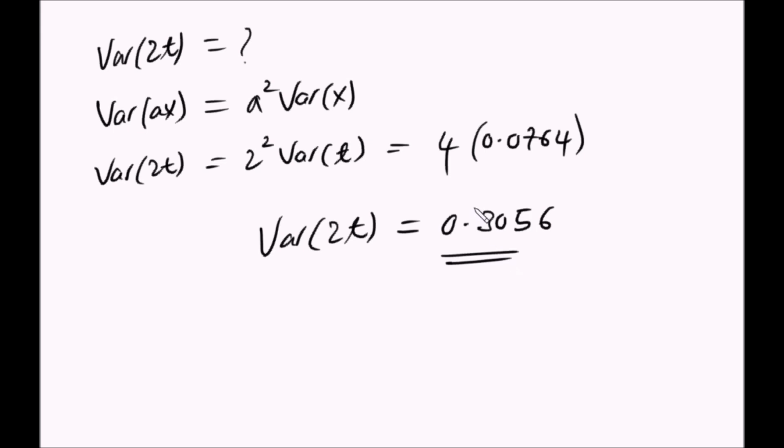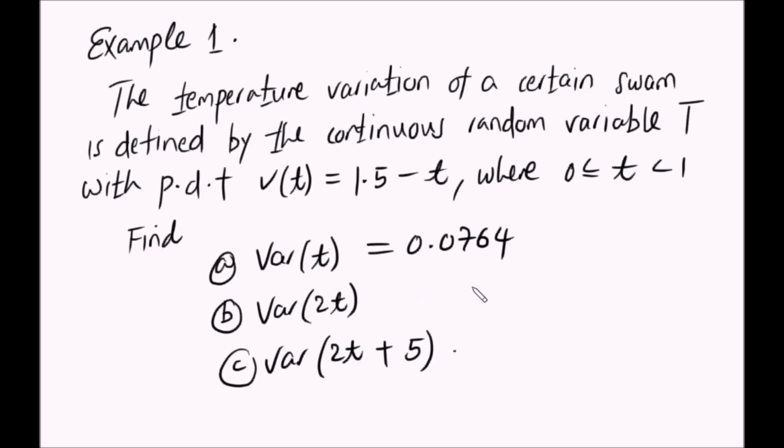So that's variance of 2t. So let's put it in the question. It will be 0.3056.